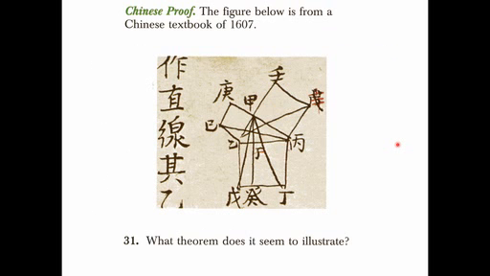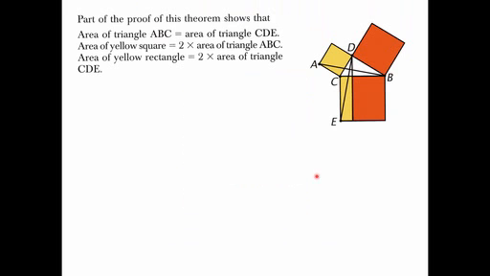Going to China 1607, a page from their book, and it looks a lot like which theorem? So here we break it down a little bit, and this gets complicated, okay? I'll tell you that right off the bat. These are givens, that the area of triangle ABC, this little triangle in here, is equal to the area of triangle CDE, this little triangle in there.